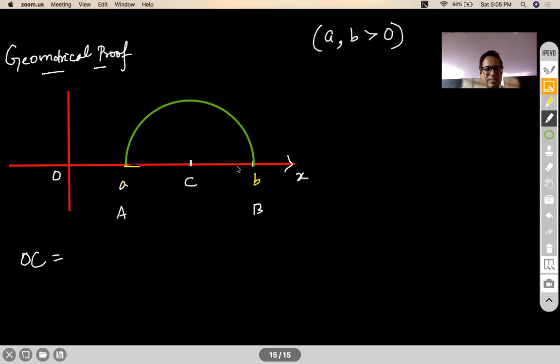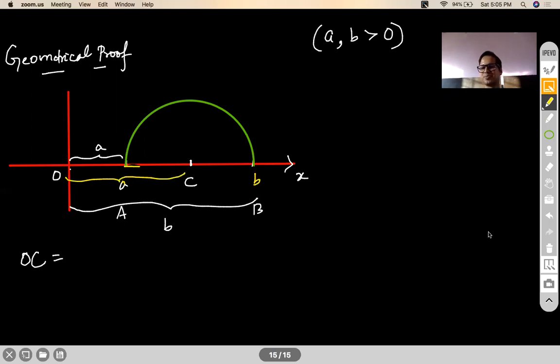Can anybody tell me? O to A is A. O to B is B. I want to know what is O to C. A plus B by 2. Absolutely, no doubt about it. It's the midpoint of point A and point B. So C is the midpoint, A plus B by 2.